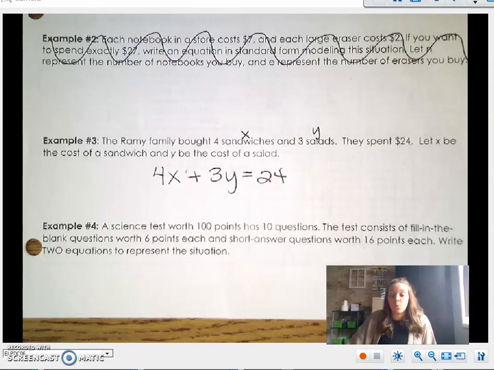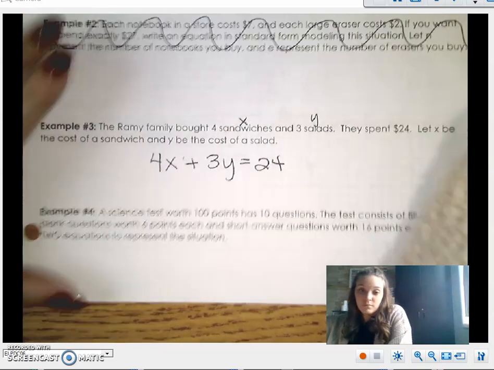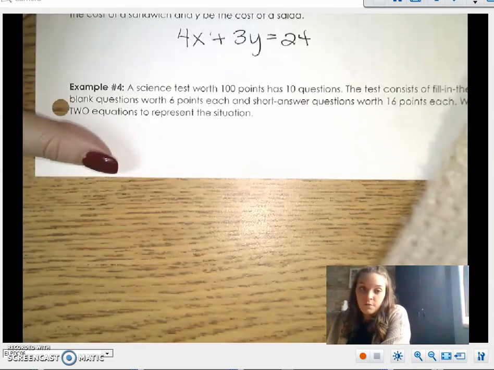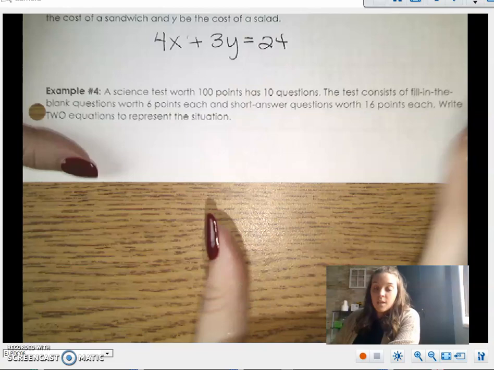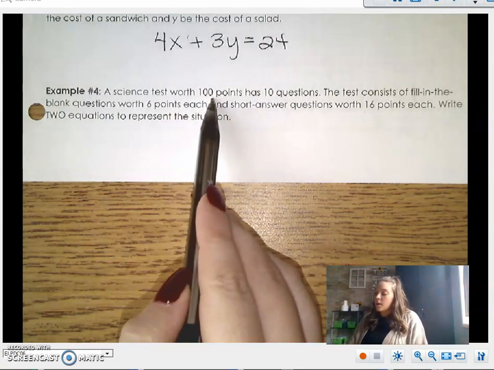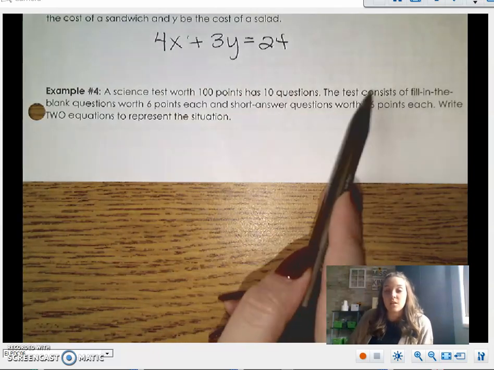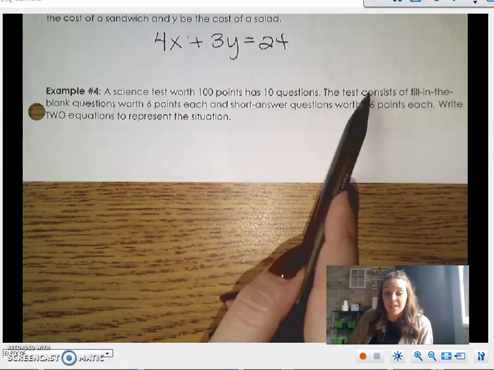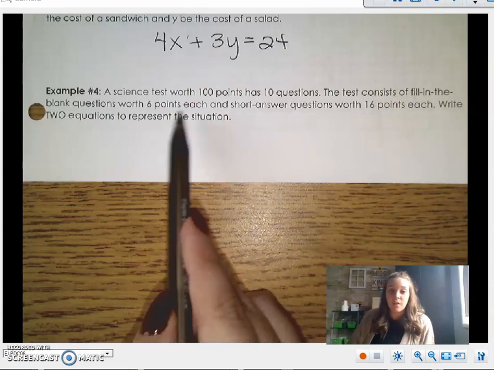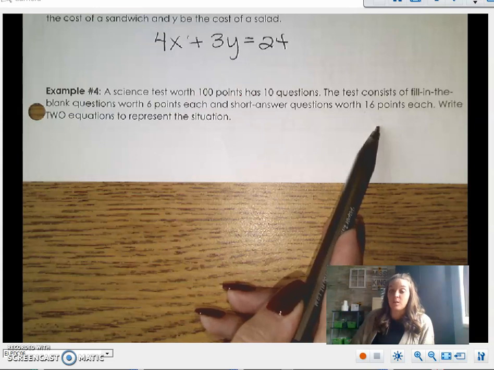All right, let's do one more example, and then we will go through the rest when you come to class. So example number 4 says a science test worth 100 points has 10 questions. The test consists of fill in the blank questions worth 6 points each and short answer questions worth 16 points each.